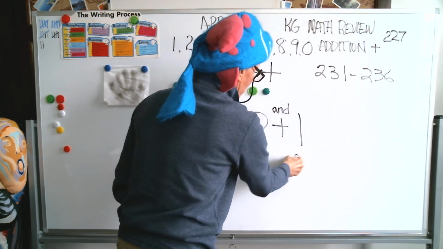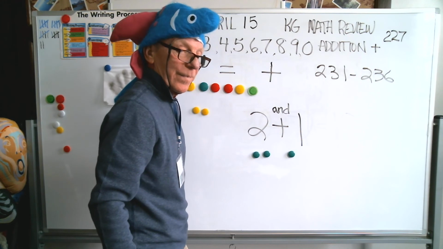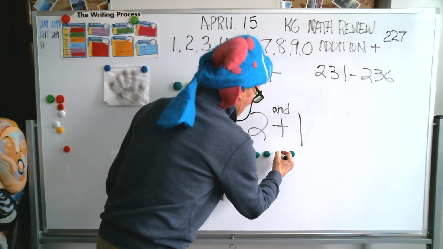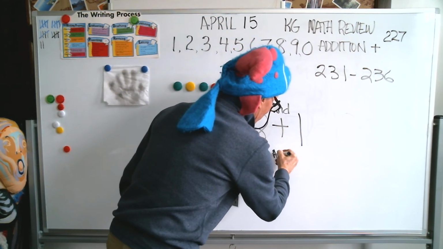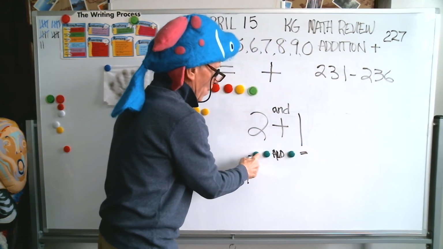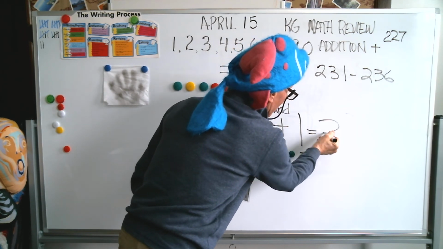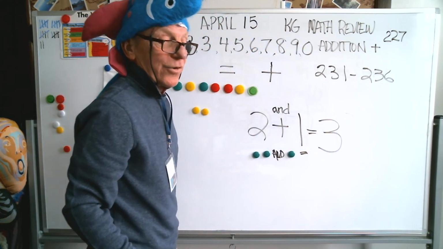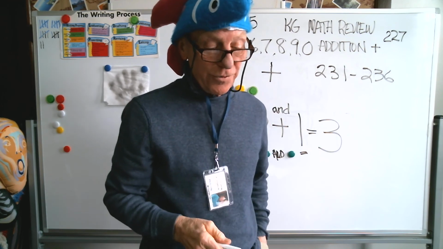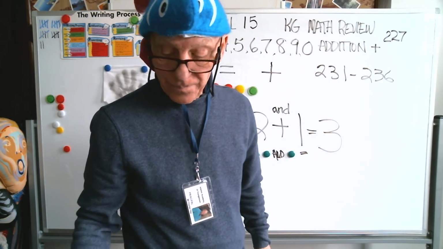There's the 2. There's the 1. 2 and 1 equals 1, 2, 3. So this will equal 3. And then you practice writing those numbers in the space that they provide for you.